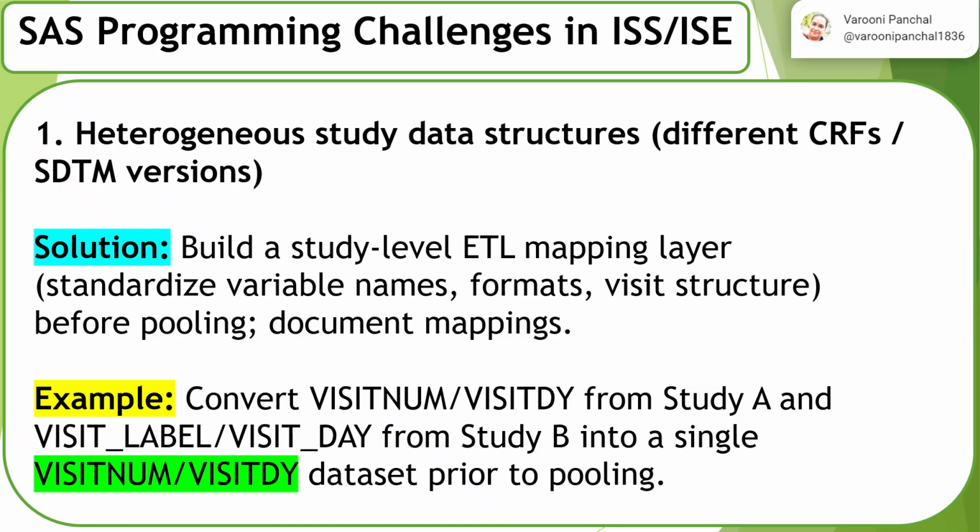This kind of pooling strategy, especially the mapping layer document, will help you keep homogeneous study data structures in ISS and ISE studies, irrespective of the heterogeneous data structures across all 12 individual studies.